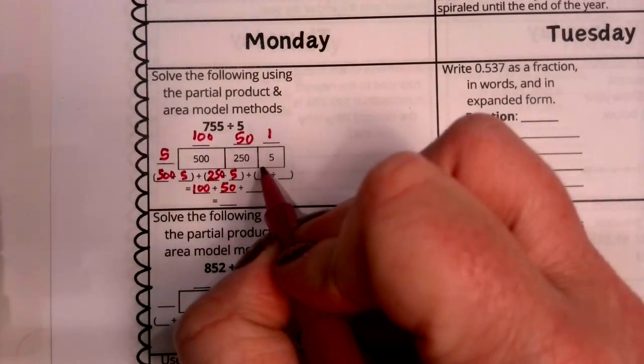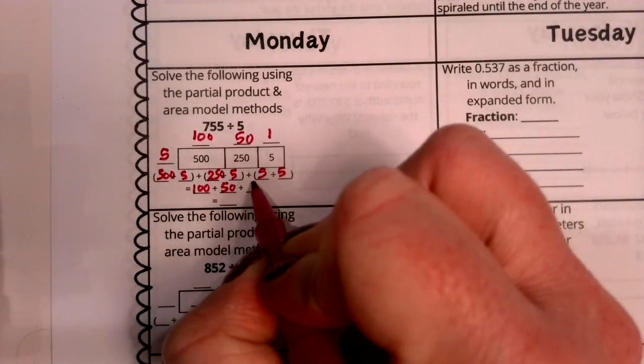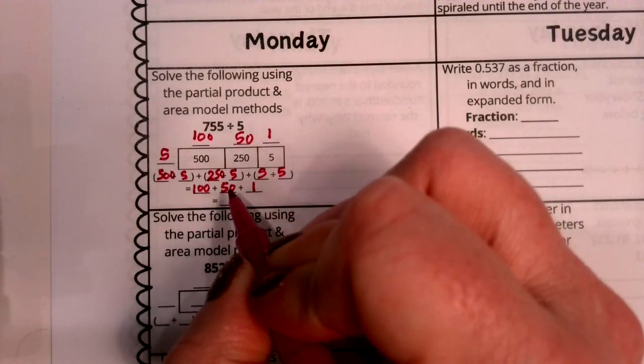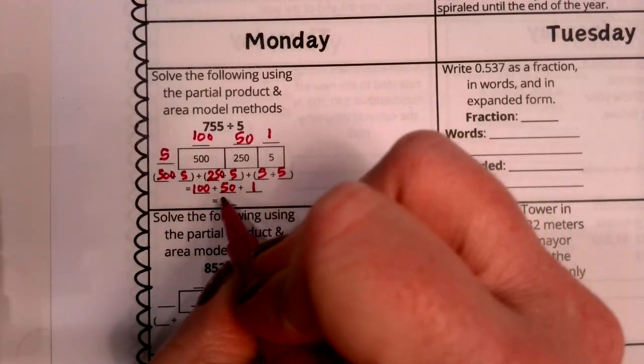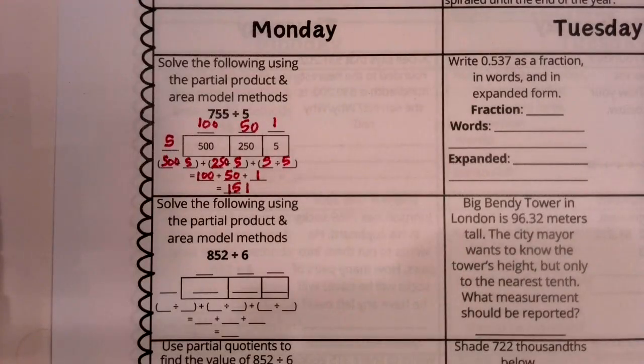Now I had 5 divided by 5, and that gave me 1. Together, when I add my 100, 50, and 1, I have 151. That is my very first problem in this Monday column.